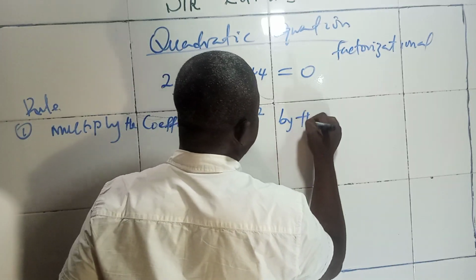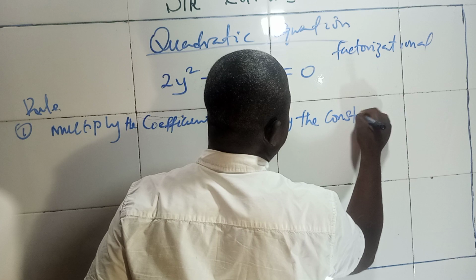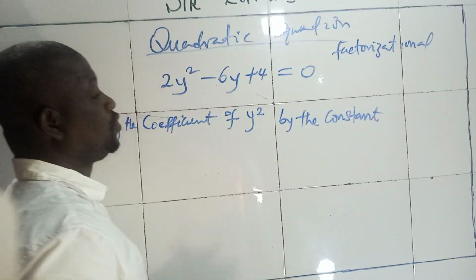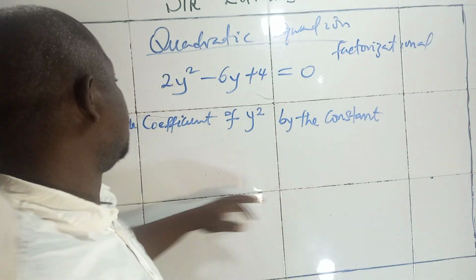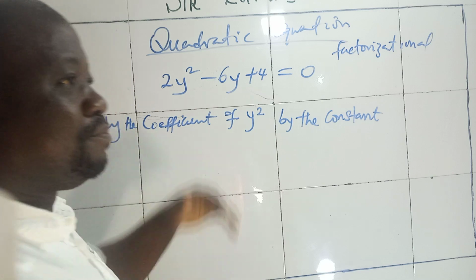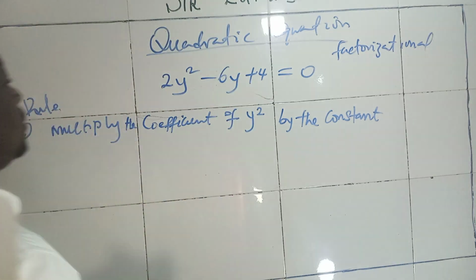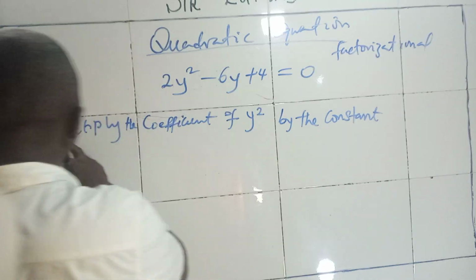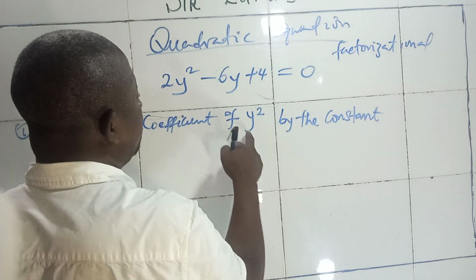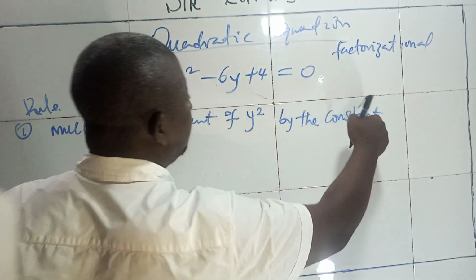The constant. In this one it is y squared by the constant. I've explained all this in my introduction to mathematics: constants, coefficients, power, exponents. Just check my video, you're going to see everything there. So 2y squared. Multiply the coefficient of y squared by the constant.